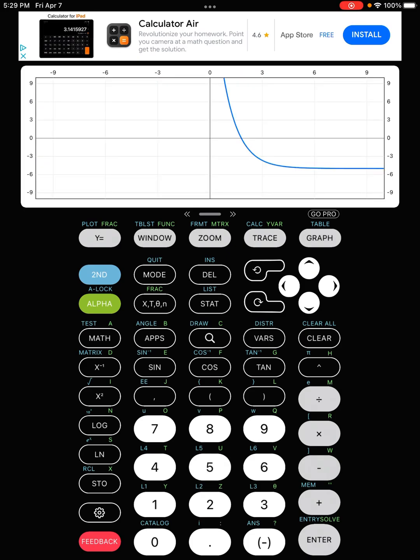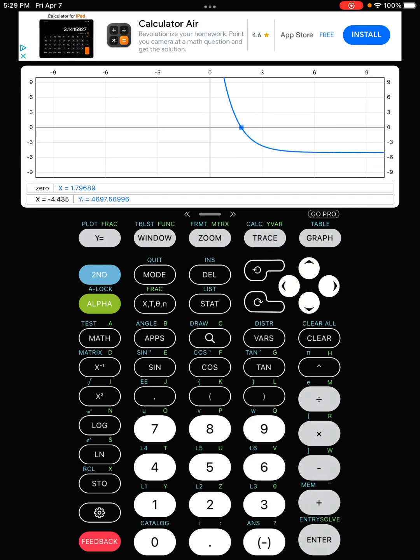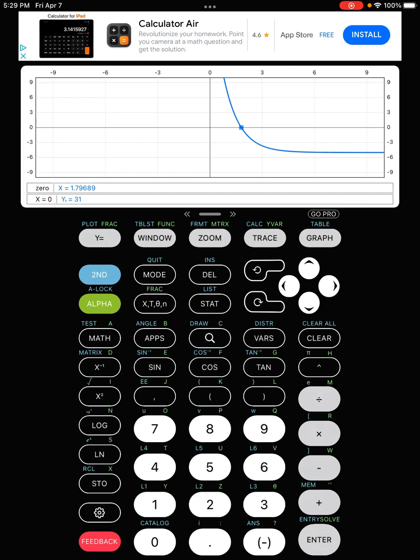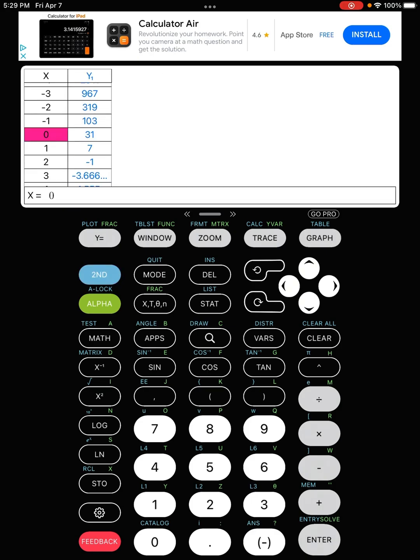So when we look at the graph here, then I can go ahead and get the y-intercept by pressing trace, and if I type in 0, I get 31. So when x is 0, y is 31. You can also get that from the table. You see there's 0 and 31.